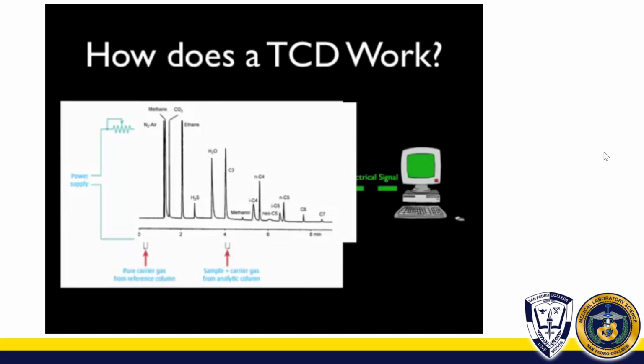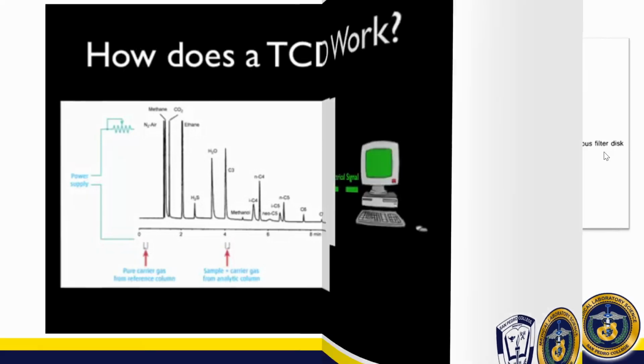And that electrical change is directly proportional to the concentration of your analyte. This causes the peaks that you see here in your chromatogram. The chromatogram is what we call the peaks that you see because of those electrical changes happening inside. Okay? I hope that was understood.